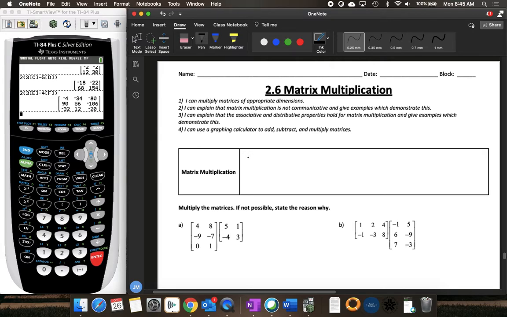And so here's what you must have: the number of columns in the first matrix must be equal to the number of rows in the second.